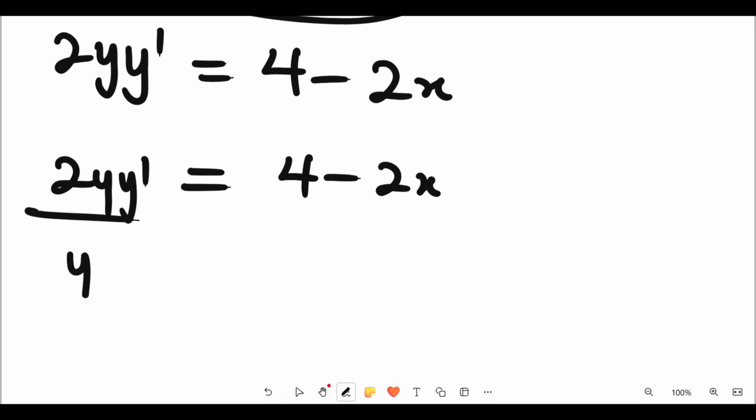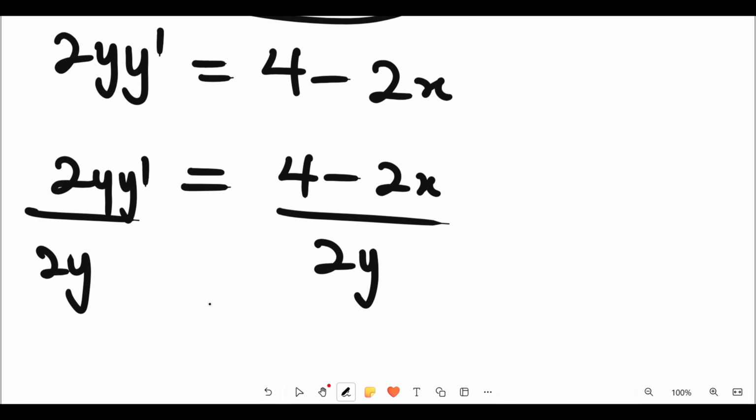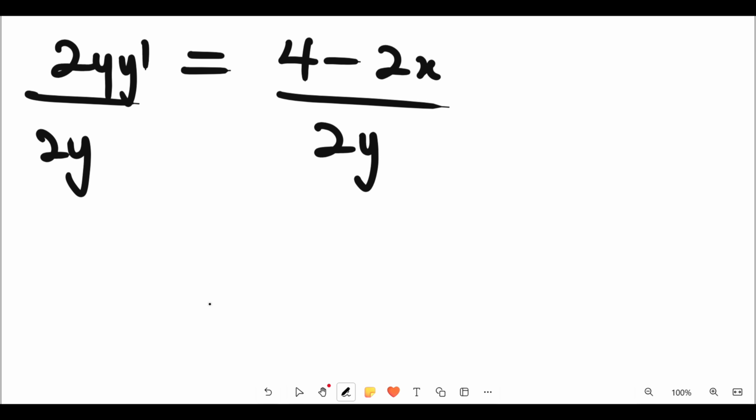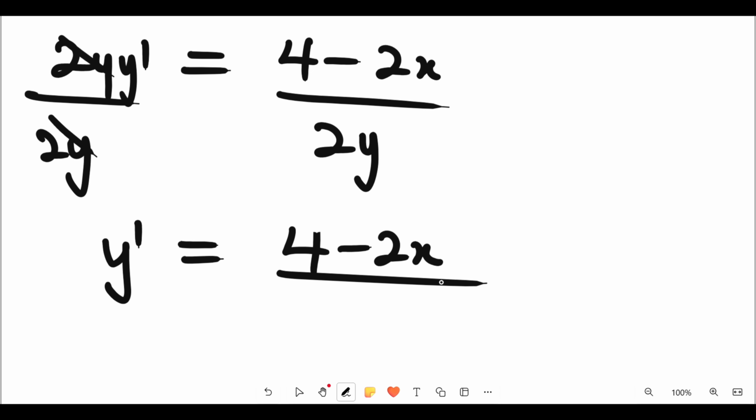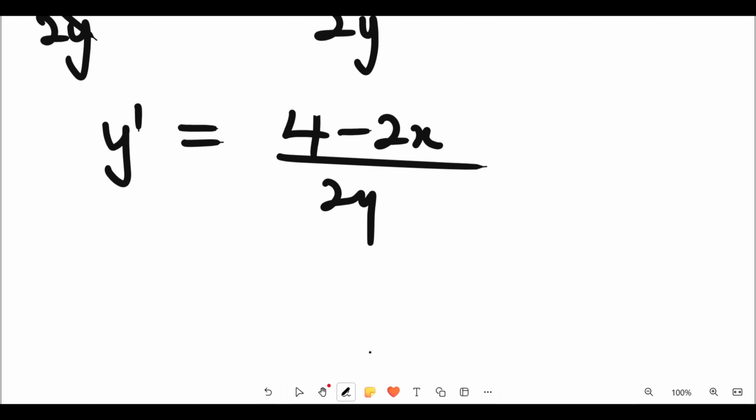Then we divide through by the coefficient of the y prime, which is 2y. Divide here also by 2y. Here we have 2y divided by 2y, we get 1. Then we are left with y prime, which will be equal to 4 minus 2x, divided by 2y.